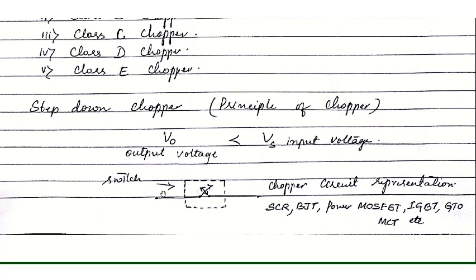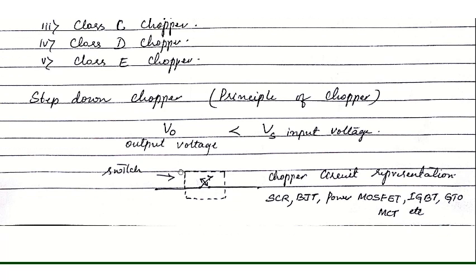That means you are repeatedly switching it on and off, and based on that, the output you get will be a variable DC.